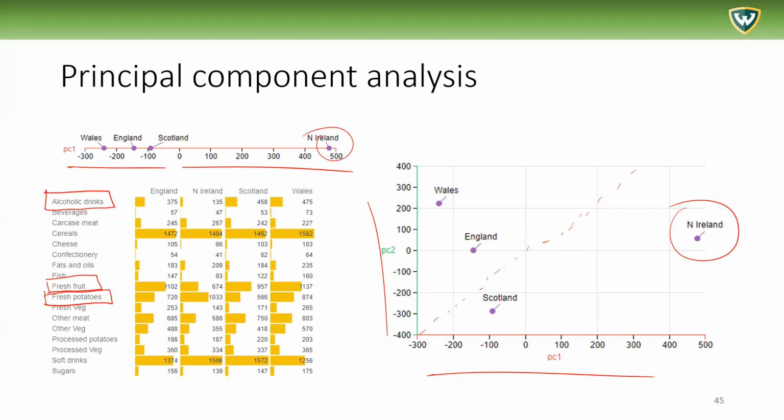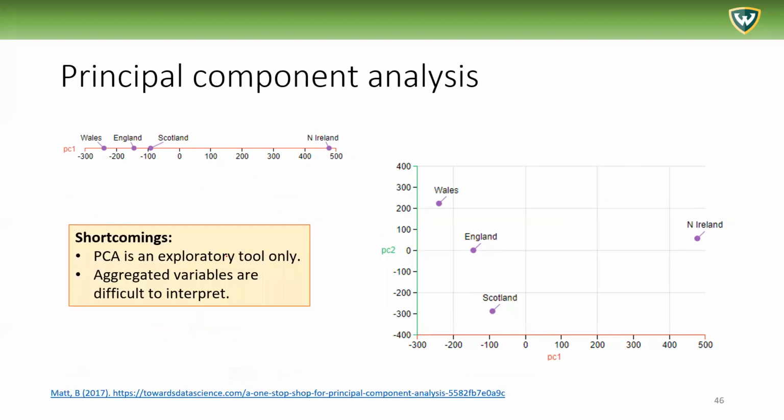Because it's just doing all kinds of number calculations to determine what variables lead in the same direction and how these countries in this case are different to each other. So what variables help predict the differences between the countries?